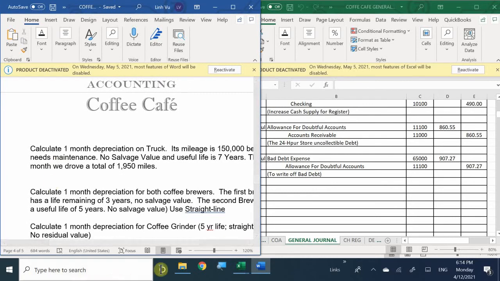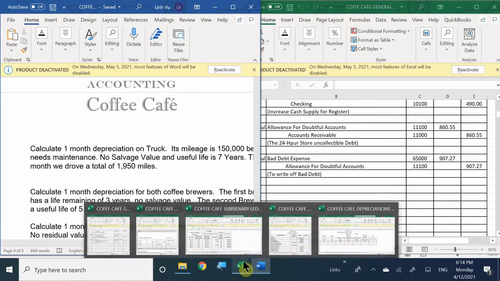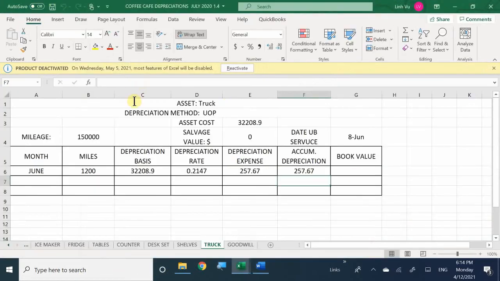So once again, from the previous month, we've already determined that this is going to be units of production. As you can see, we have our asset cost, we have our salvage value of 0, and we have the up to its mileage for 150,000 miles with the service of June 8th.